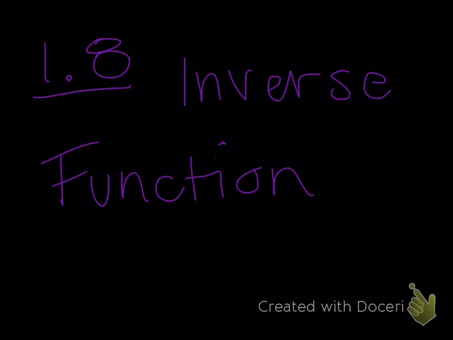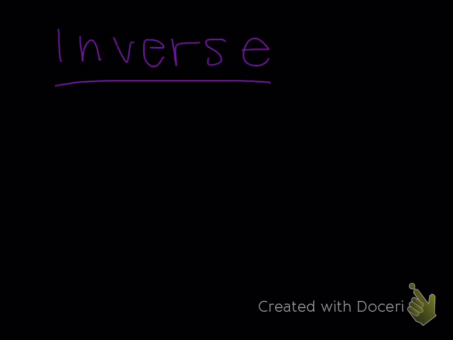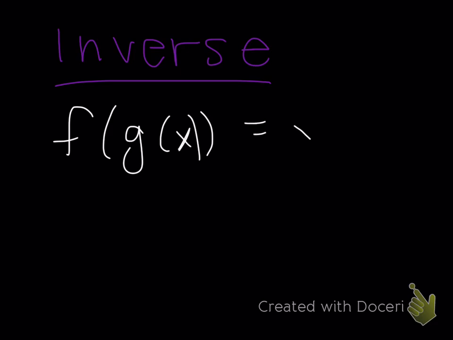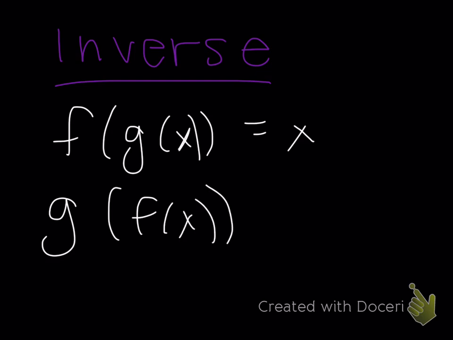Today we're doing section 1.8 and we're going to talk about the inverse function. So basically, to determine if functions are the inverse of each other, if I find f of g of x and I get x, and then I find g of f of x and I again get x, then you can determine that they are the inverse of one another.